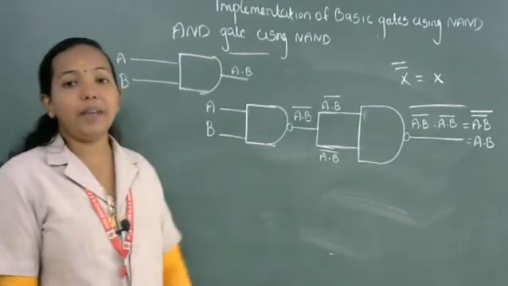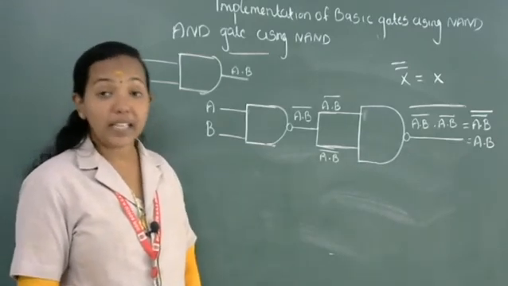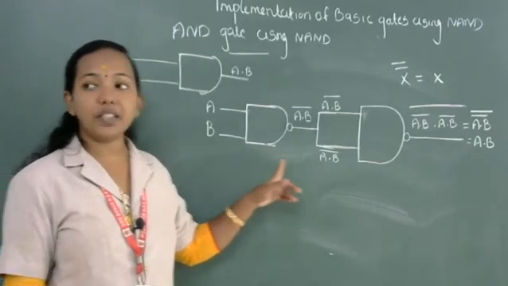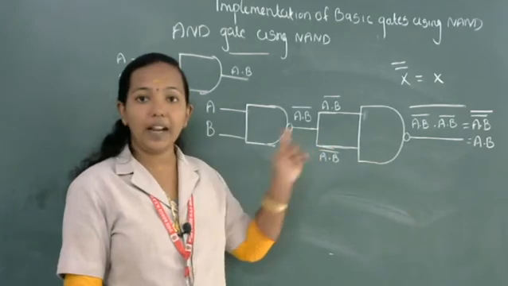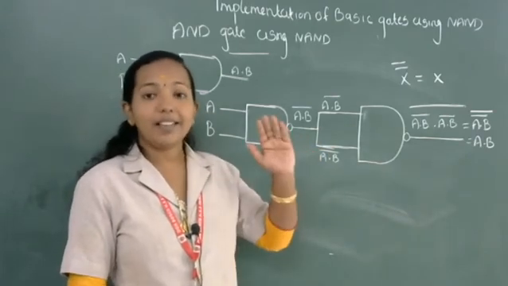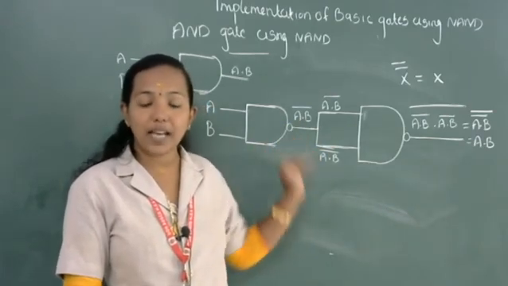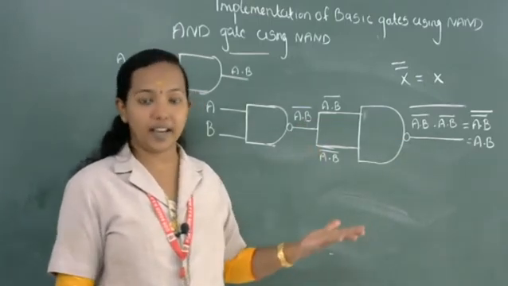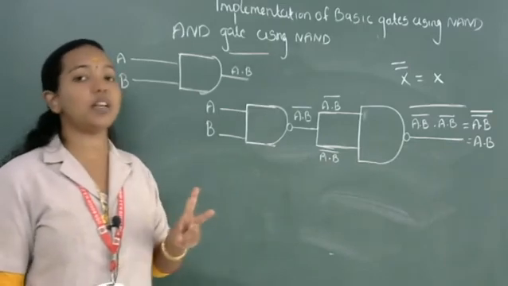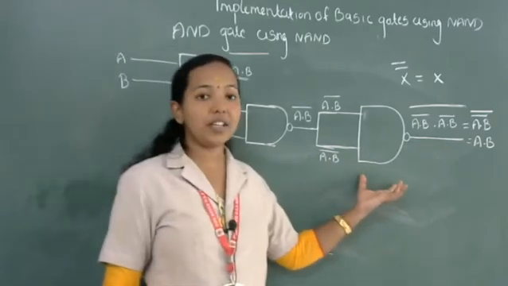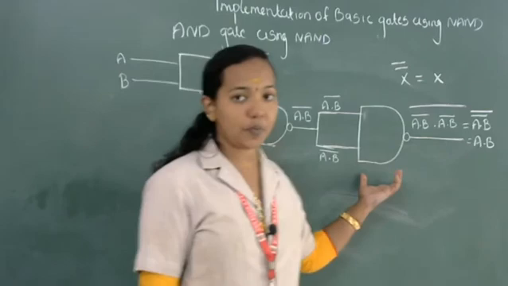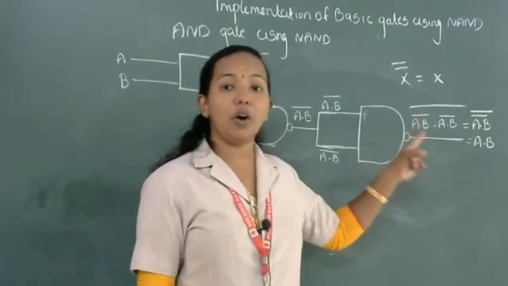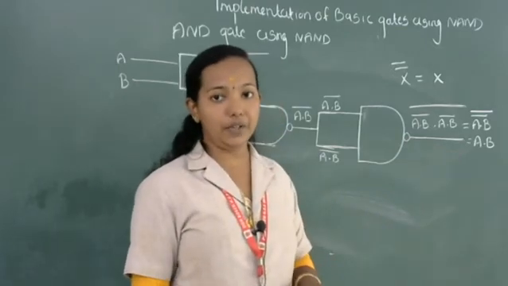So what is happening here? Two times we are applying NAND gate. After the first NAND gate, we are getting A dot B all complement. That A dot B all complement we are splitting into two lines, and again we are applying one more NAND gate. After the second NAND gate, the expression is A dot B all complement dot A dot B all complement, all complement.